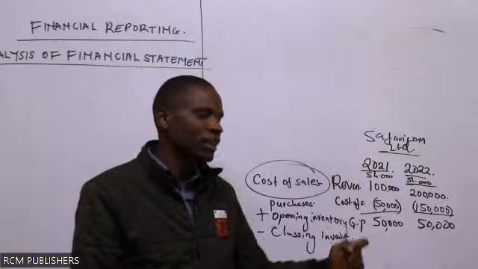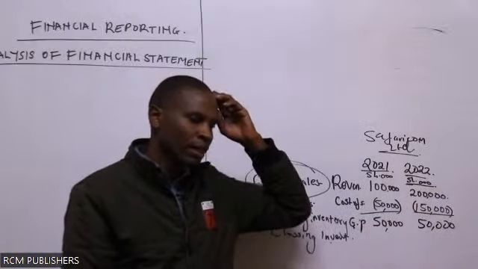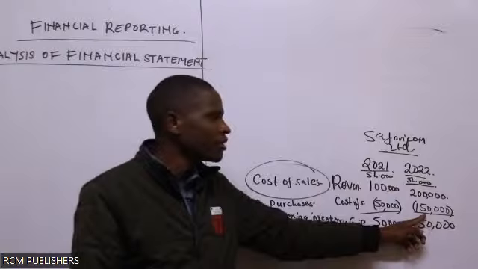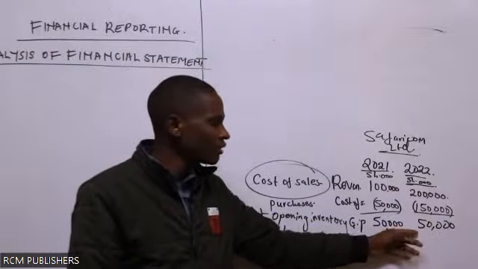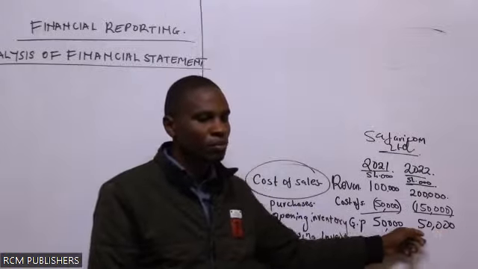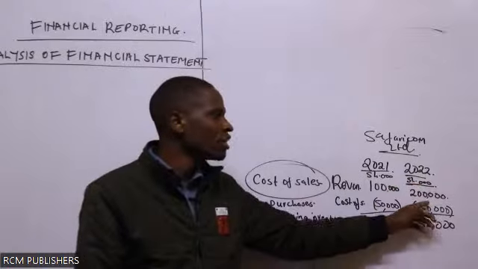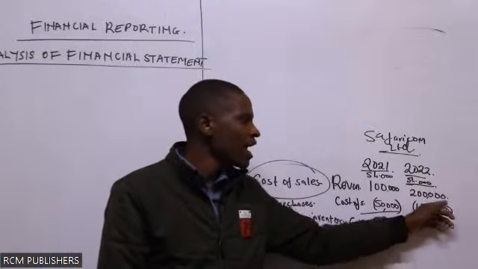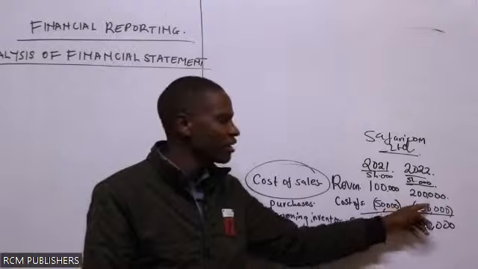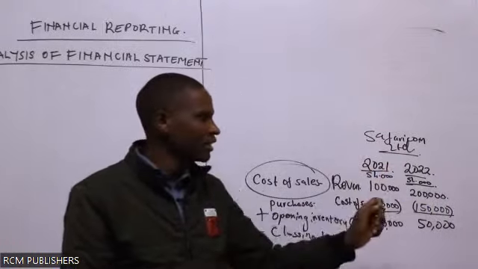The cost of goods sold was higher in the year 2022, and that leads to gross profit being the same for the 2 years. So there is an effect of a higher cost of sale in the income statement.